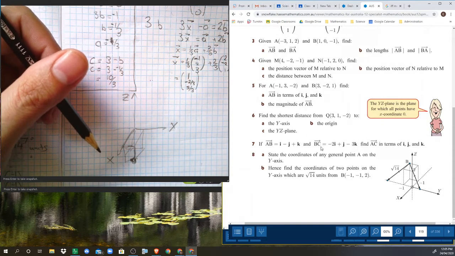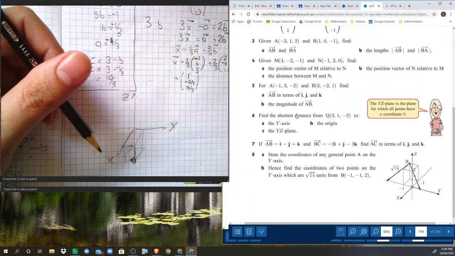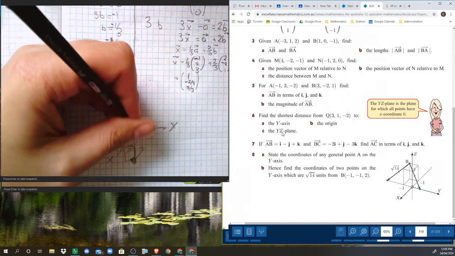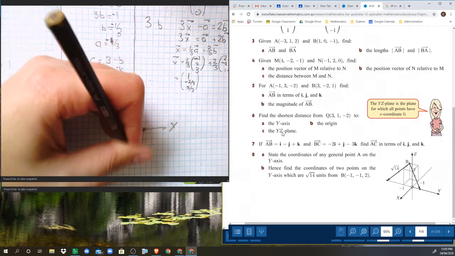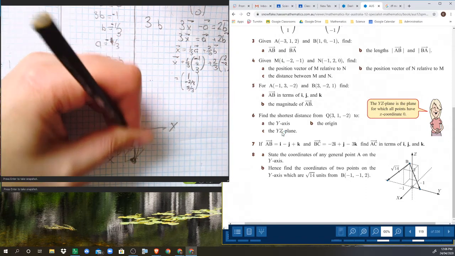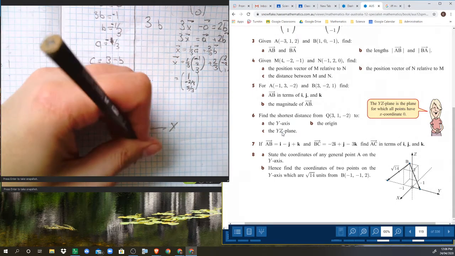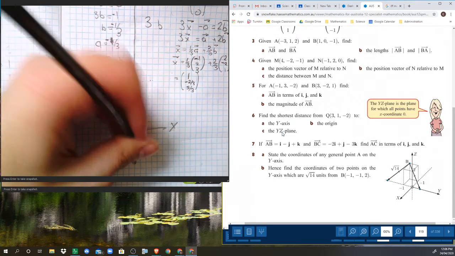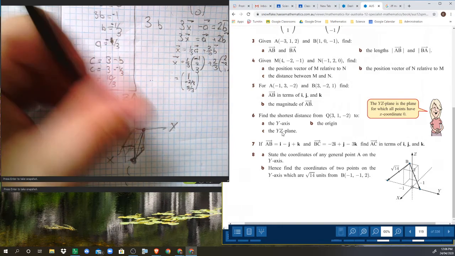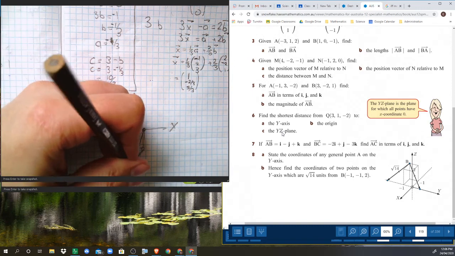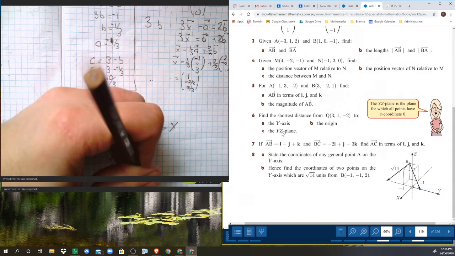Okay, so the shortest distance is always a straight line. So if you think of it this way, the shortest distance to the y-axis, well, that's that. Okay, so that's a coordinate point of 3, 1, -2.